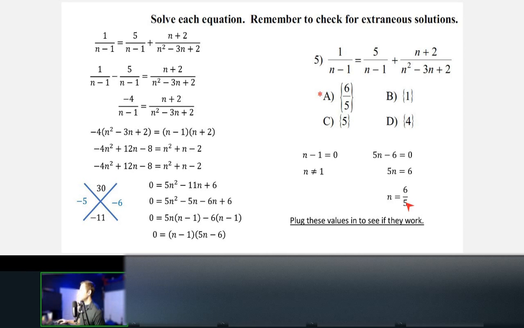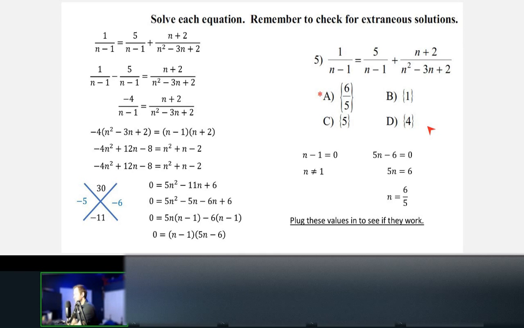What's another way we could have solved this problem? Instead of all of this work, what's one way we could have figured out this answer? What's another way to solve this problem?